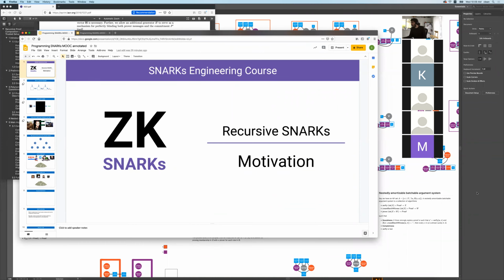Great. Cool. So just to motivate things a little bit, what do recursive snarks let you do? At a very high level, what they let you do is construct proofs in the same way that you would with snarks, in such a way that those proofs can be combined in flexible ways.